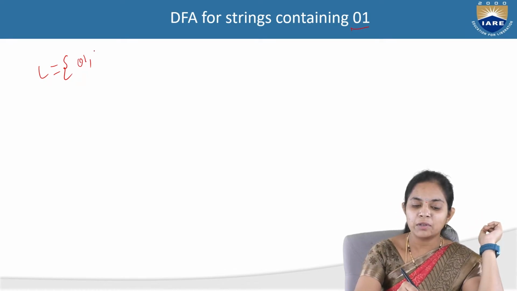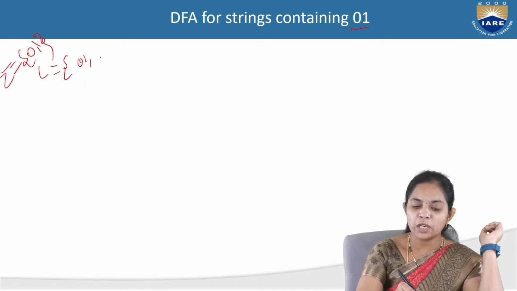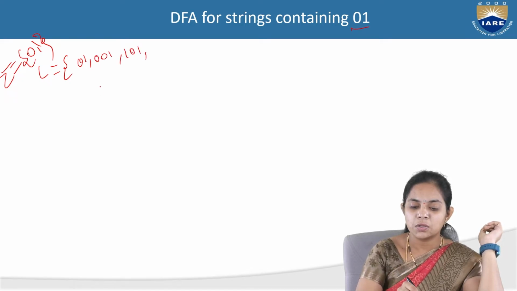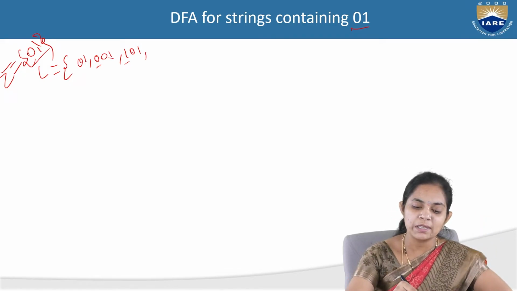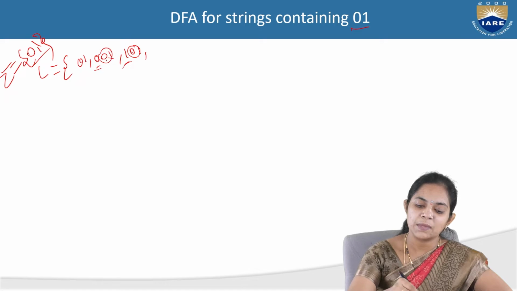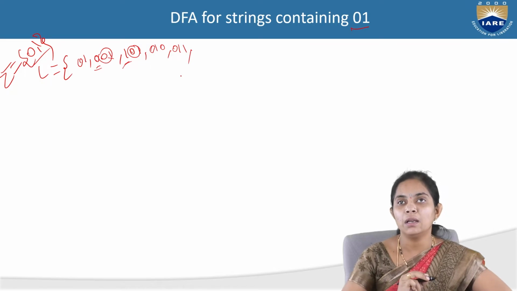After that we have the sigma values 0 and 1. The string may start with either 0 or 1, and the substring can end with 0 or with 1. So this is one combination.